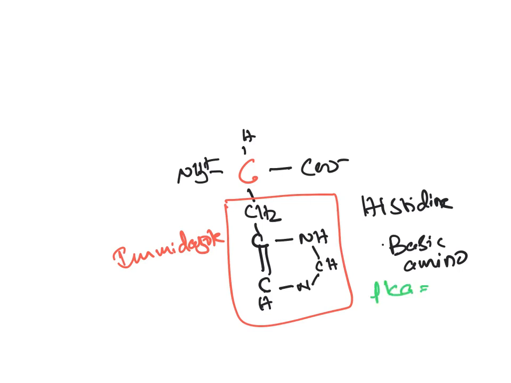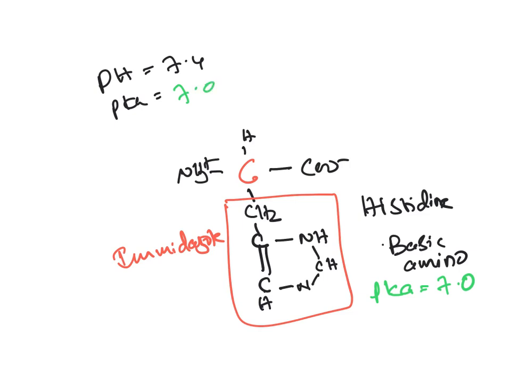The pKa of histidine, when it is part of a polypeptide chain, is 7.0. The physiological pH, the pH of blood, is 7.4, and the pKa we are referring to is 7.0.